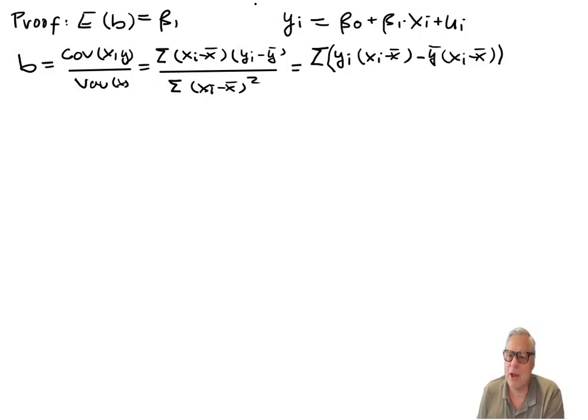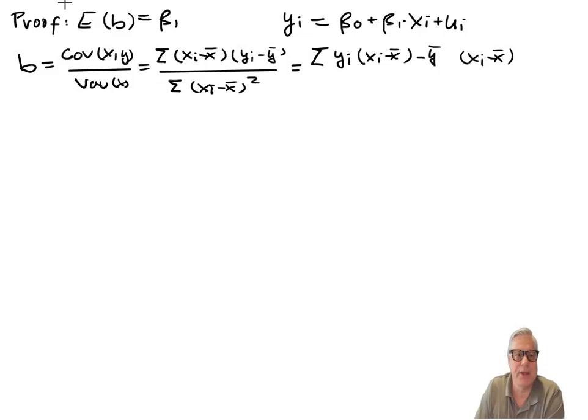Okay, so now if I want to put the sum sign in front of each, I can also write it like this, where I take this term and put it a little bit to the right.